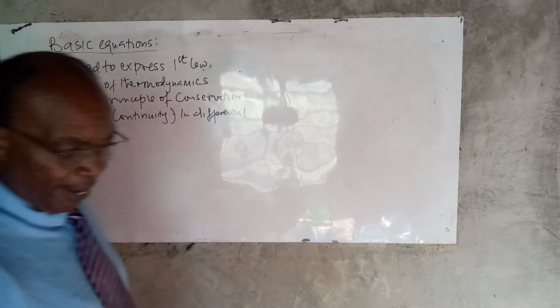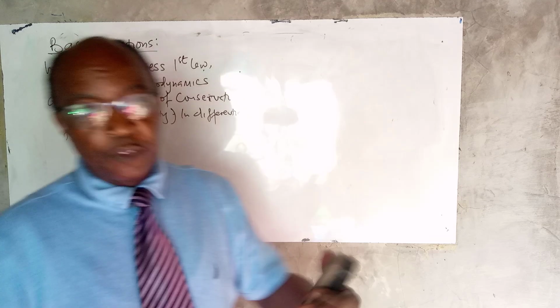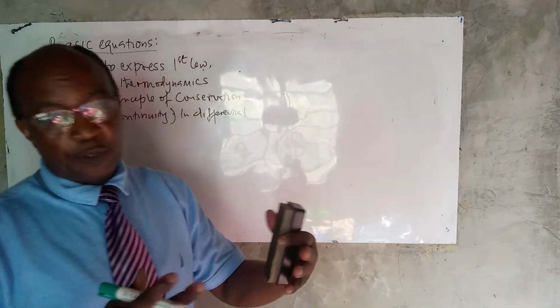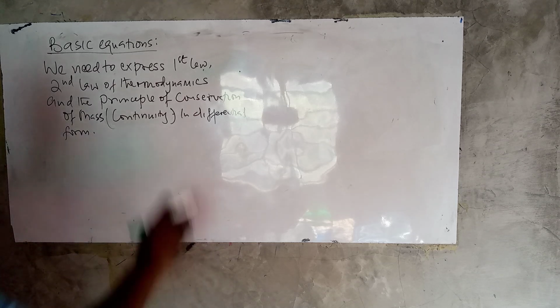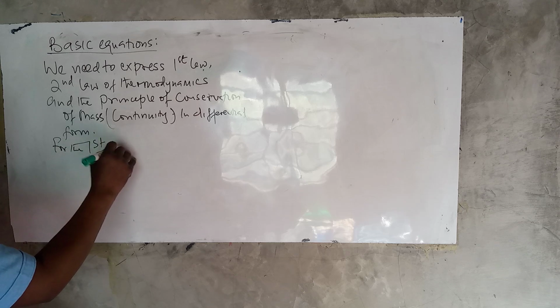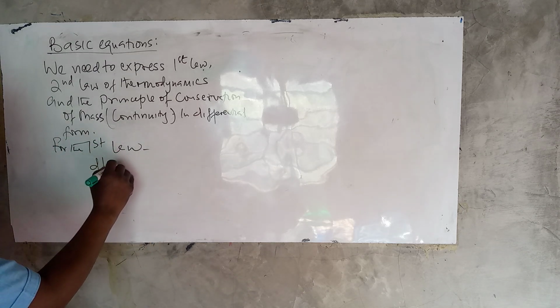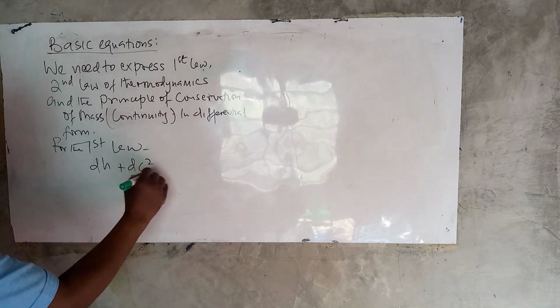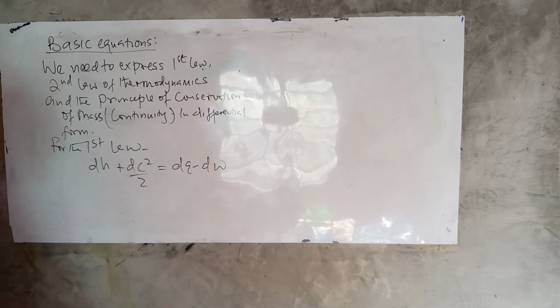Now you recall from our earlier lectures, and I encourage you to go through our lectures systematically so that we are together. For the first law, we say that dH plus d(C squared over 2) is equal to dQ minus dW.